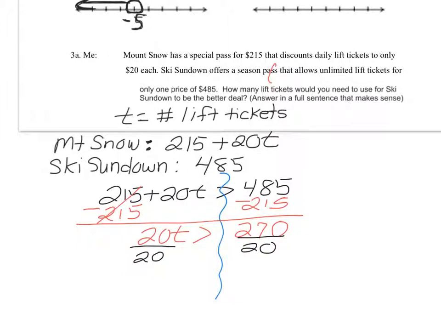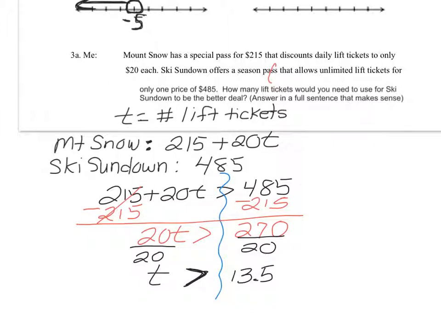So 270 divided by 20 is 13.5. And dividing by a positive doesn't change my inequality either. So I get t has to be more than 13.5.